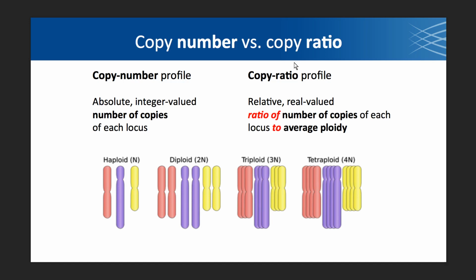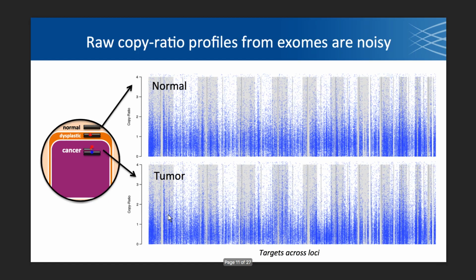The copy ratio profile is the relative ratio of the number of copies of each locus to the average ploidy within the cell. And so each of these four would have the same exact copy ratio at 1.